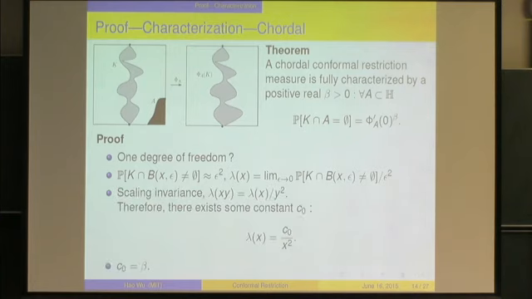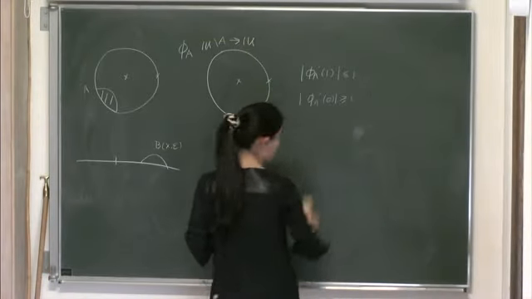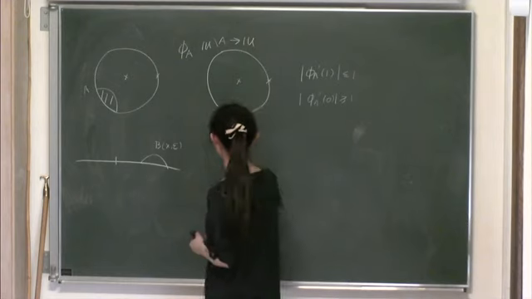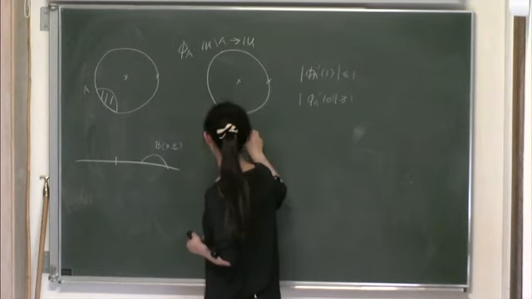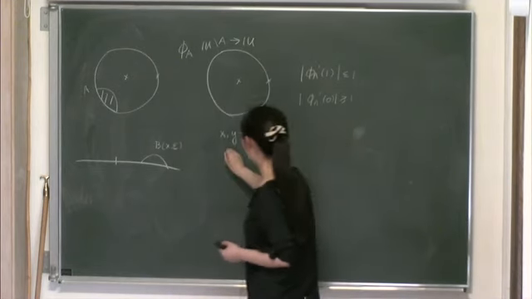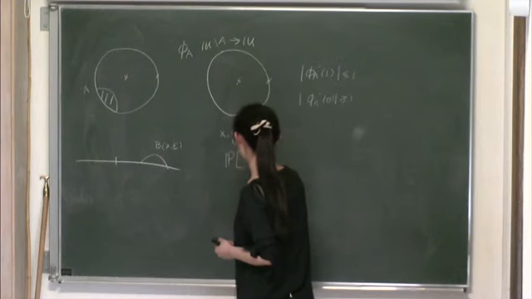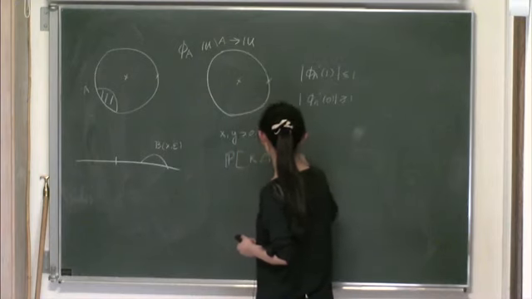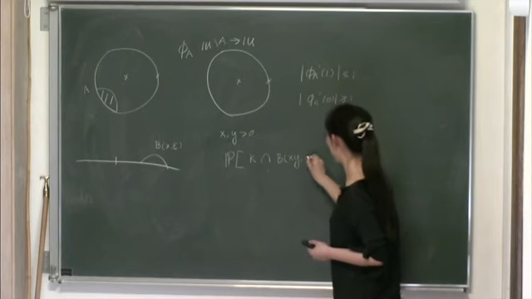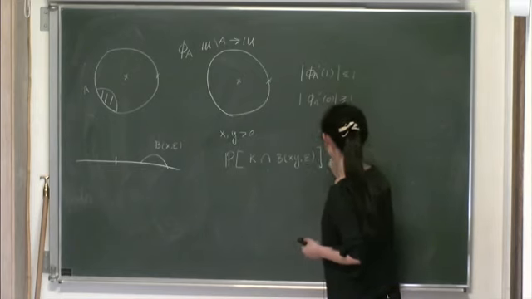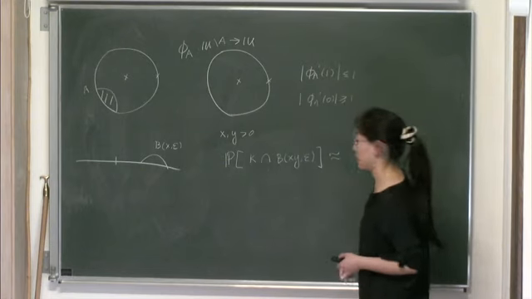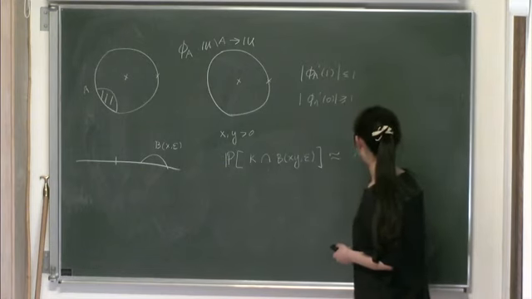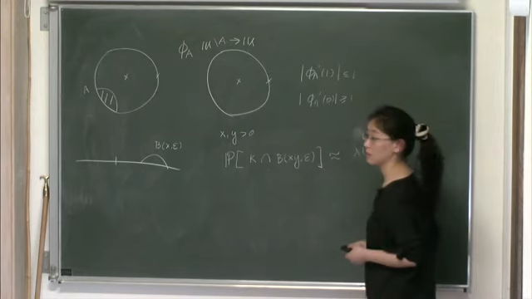In the second step, we can use the scaling invariance to solve for this limit function lambda. Because we know that the random set K is scaling invariant, for any fixed x and y, two positive real numbers, let us calculate the probability that K hits a small ball centered at x times y. By the definition of this function lambda, we know that it will decay like lambda of xy times epsilon squared.